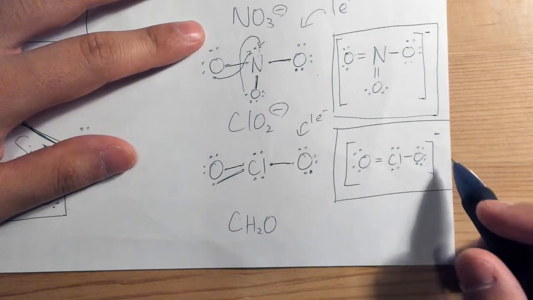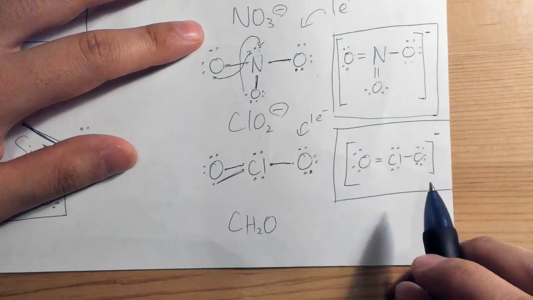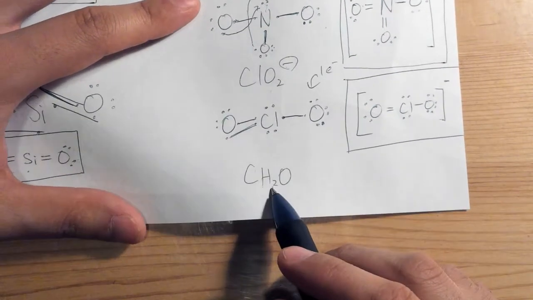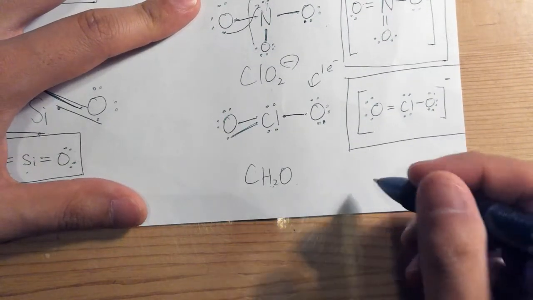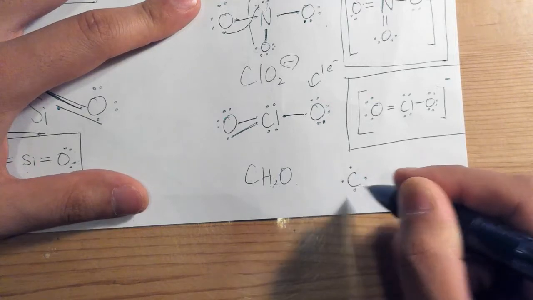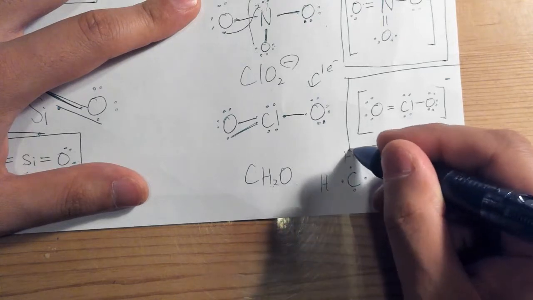Alright, this might be a little bit confusing because we haven't learned it, but no worries. You'll get to learn it or understand it as you go on. Lastly, CH2O. So carbon is the central atom, so I'm going to put four valence electrons and put a hydrogen on two sides.